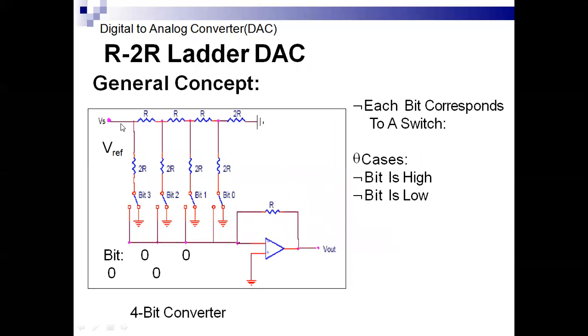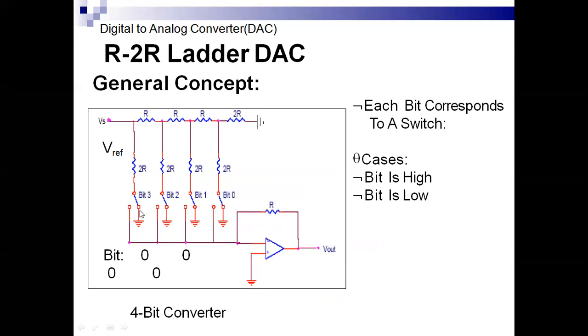So the simple general concept of R-2R ladder DAC is that it corresponds to a switch, for cases where the bit is high or the bit is low. Each is connected with a switch. It is set, cleared, set, clear, set, clear, set.